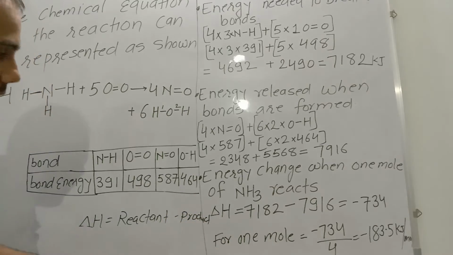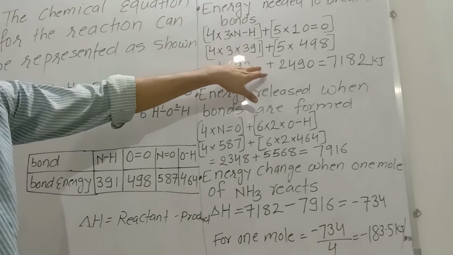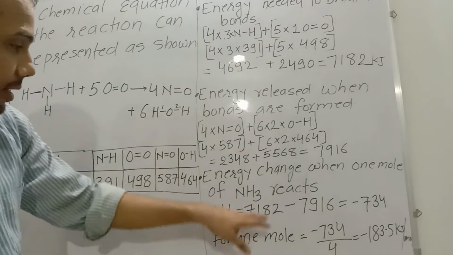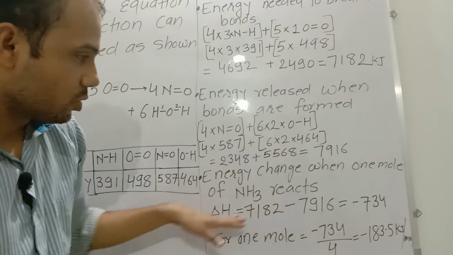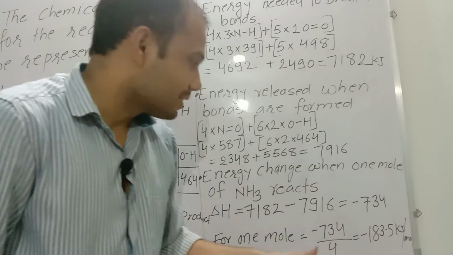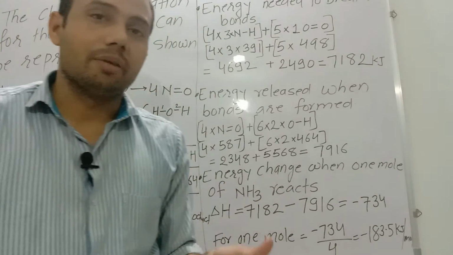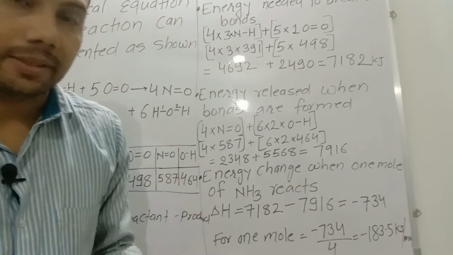So here I have taken 7182 for reactant, and 7916 for product. So we are getting minus 734. Minus sign indicates that this reaction is exothermic reaction, means more amount of energy is released.